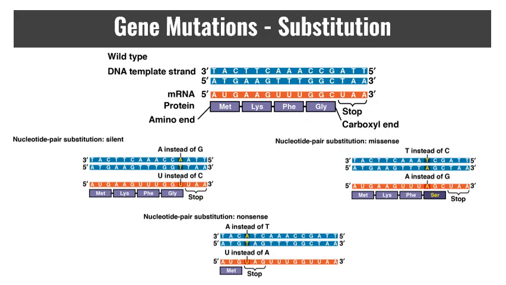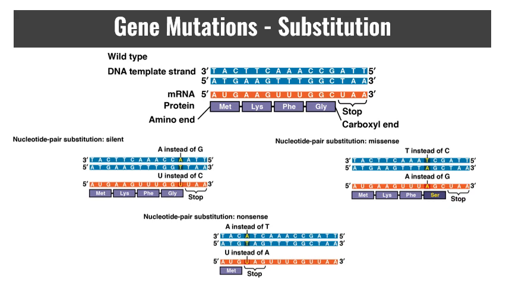Conventions for genetic mutations are very similar to those of DNA and chromosomal errors, but the most basic type is going to be a substitution. So a nucleotide pair substitution is the replacement of one nucleotide and its partner with another pair. Now there's a couple of different results that this can have.